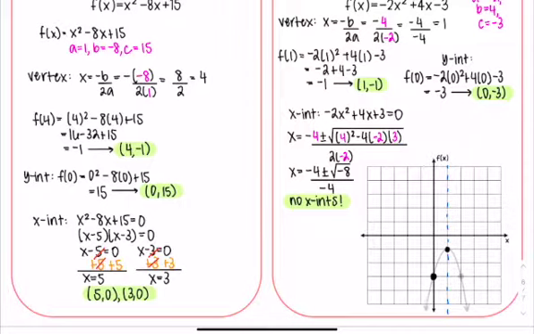So we can also plot the point 2, negative 3, because it needs to mirror the one on the opposite side. And from here we can go ahead and just draw a rough shape of what our graph is going to look like. And so this is just an idea of what it would look like.